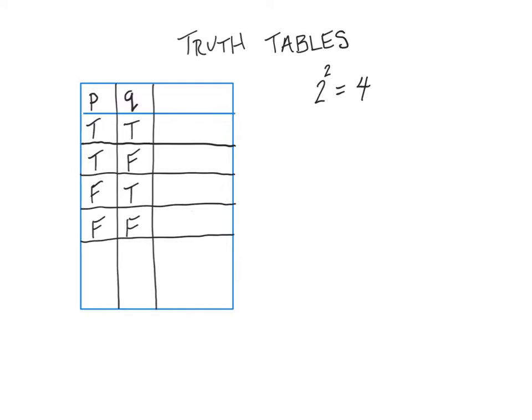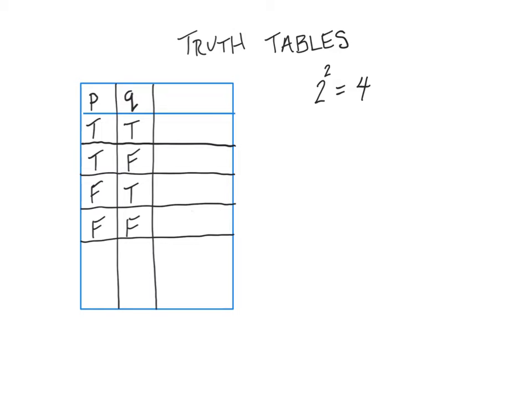Now we've got this truth table set up, with a column for P and a column for Q. As you can see from the table, the first possibility is that both P and Q are true. Then P could be true, but Q could be false. P could be false, but Q could be true, or they could both be false. That would be just the general setup.